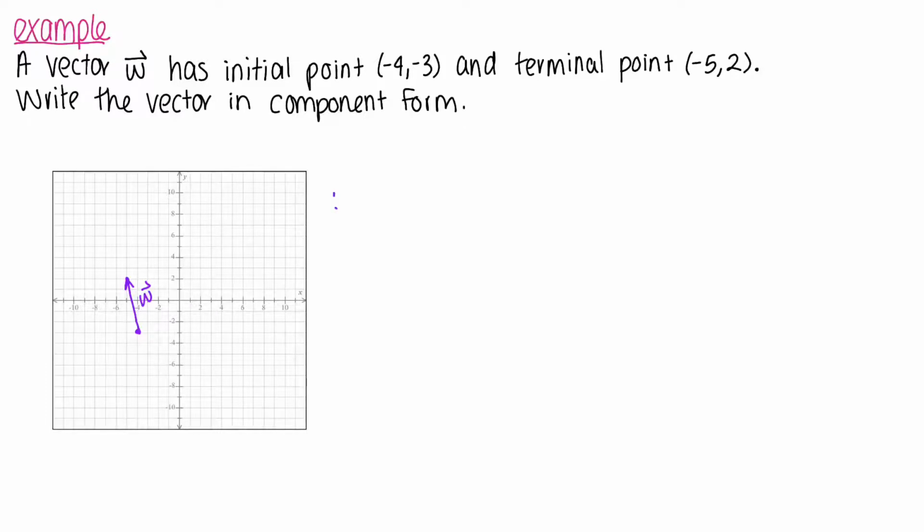So w, the formula is equal to x2 minus x1, comma, y2 minus y1. This is x1, y1. This is x2, y2.